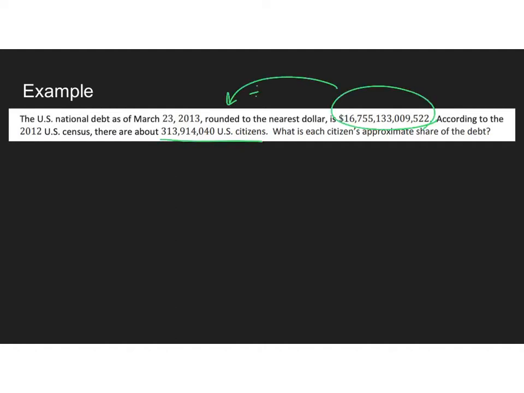First thing you need to do is write your number in scientific notation. This first number right here is 1.6, and then we have to keep every single one of these numbers: 7, 5, 5, 1, 3, 3, 0, 0, 9, 5, 2, 2, times 10 to the, how many spaces did we move? We moved 3, 6, 9, 12, 13 spaces.